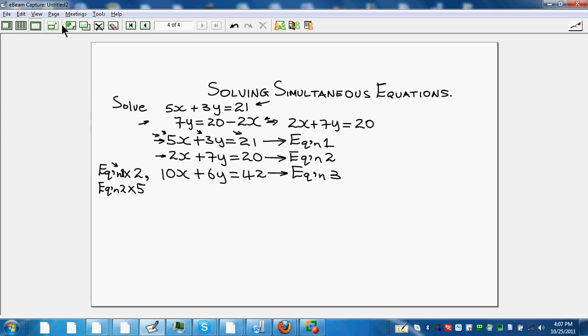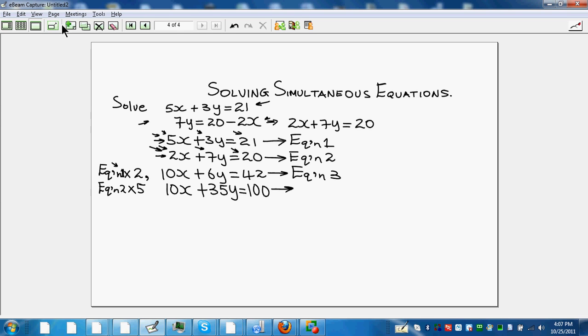Then we'll take equation 2 and multiply it by 5 as we said. So we're going to take this equation now and multiply it by 5. So 5 multiplied by 2x is 10x. 5 multiplied by 7y is 35y. 5 multiplied by 20 is 100.